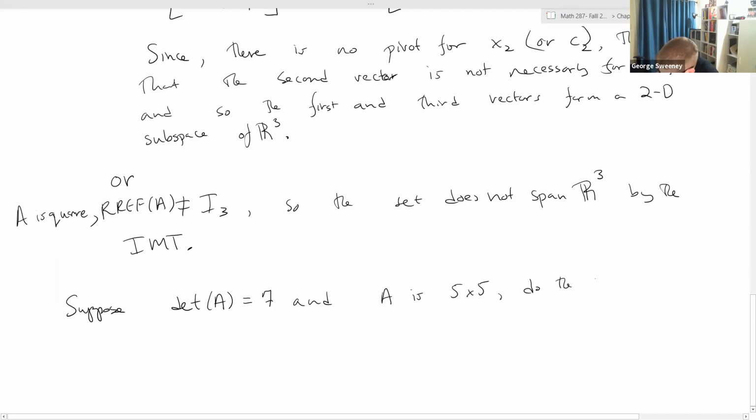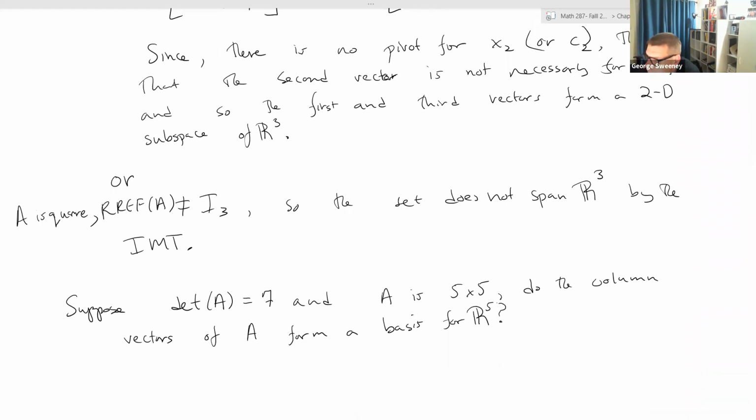Do the column vectors of A form a basis for R5? Look at your concept map.